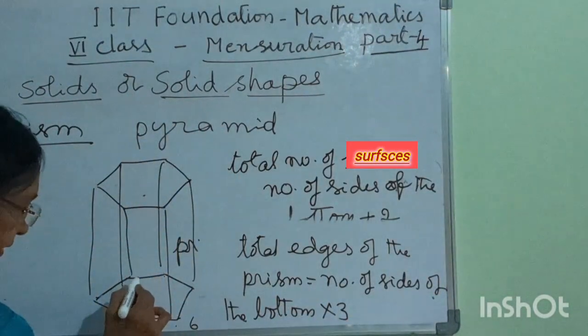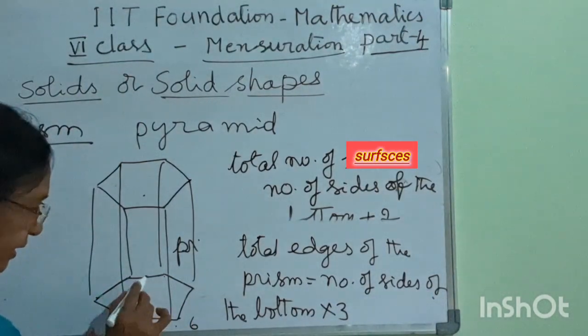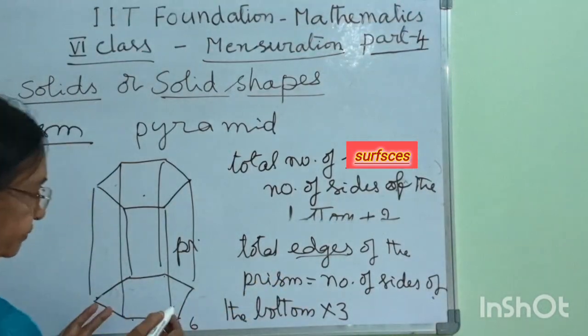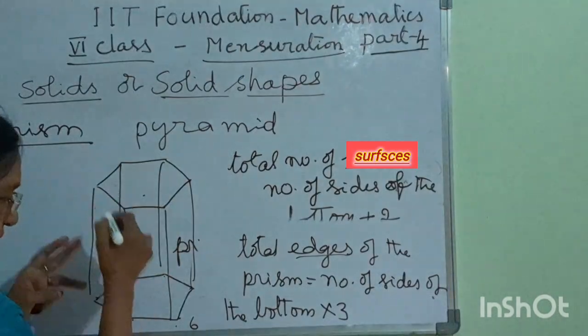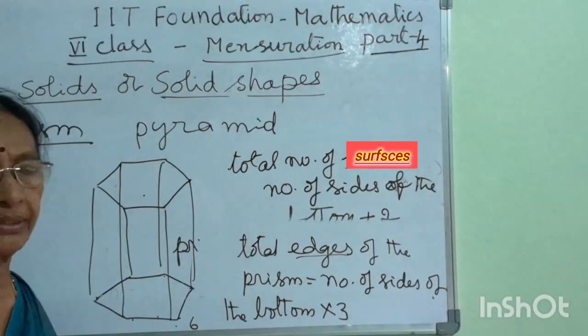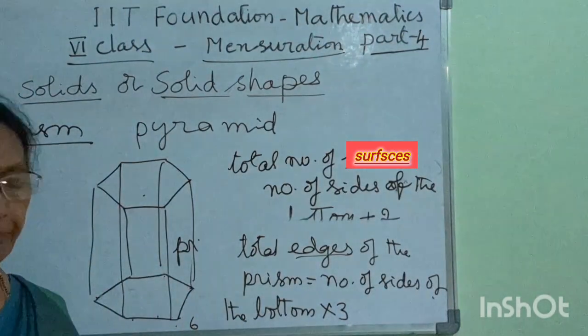See here, there are 6 sides, therefore 6 edges at the bottom. Again here 6 edges at the top. And the vertical edges are 6. Therefore, number of sides of the bottom into 3 is the total number of edges of a prism.